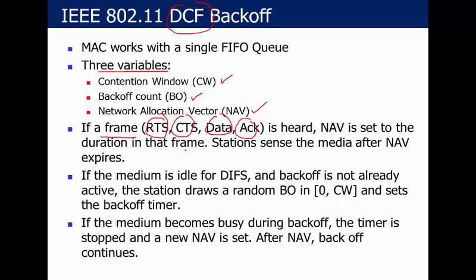Although there are a limited number of stations, if there is one sender and one receiver, then two stations are occupying and sharing the carrier sense. All the others are not involved and not participating at that time, but all other stations can hear what they are doing.